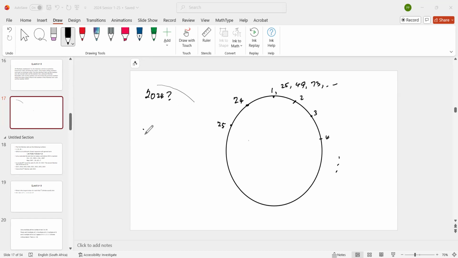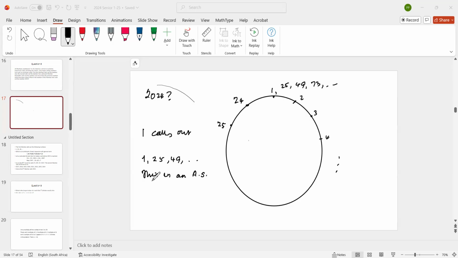So 1 calls out, we saw 1, 25, 49, and so on. Now, this is an arithmetic progression or arithmetic sequence. Let's write AS for that.